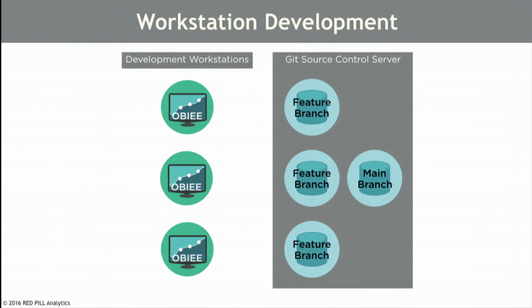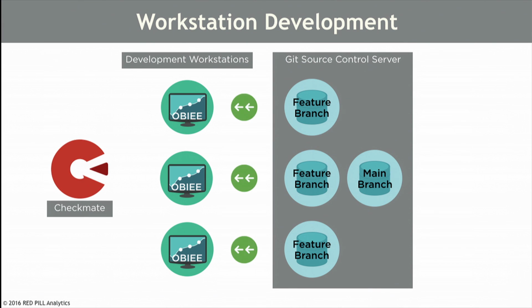So it doesn't just handle the downstream build process. The developers are actually working with Gradle on a daily basis. They just don't really know it, and I'll tell you how we do that. Checkmate has all the APIs to enable pulling content into their workstations, which is just a mini build and deployment, right?